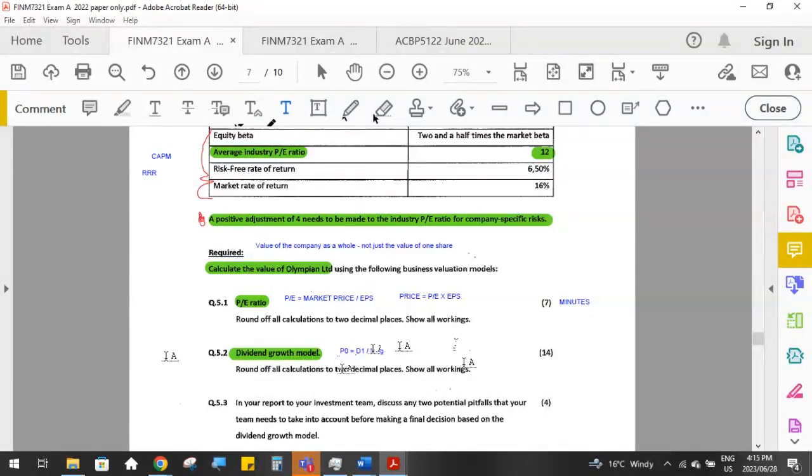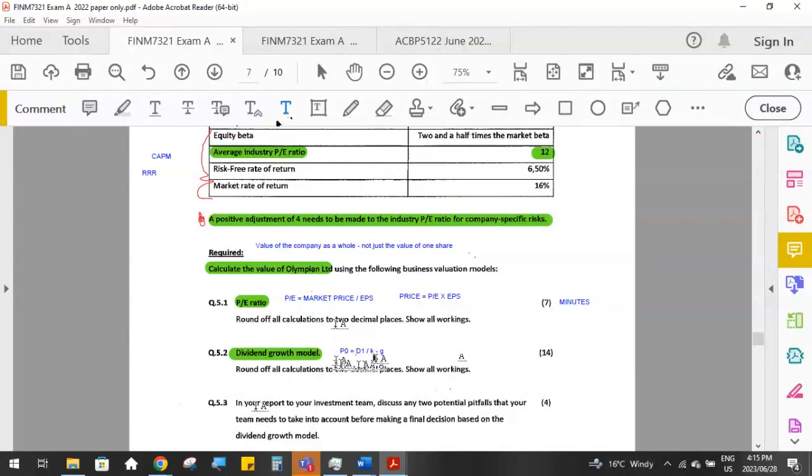This little formula is on your formula sheet, but it's an easy one. And if you remember it quickly, always just go and check quickly on your formula sheet to make sure that you've got it right. P0, which means the value of one share today, is equal to D1 over k minus g. The next dividend that the company will pay out divided by k minus g.